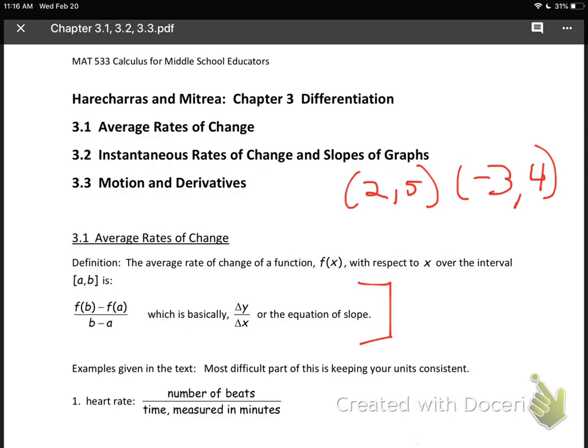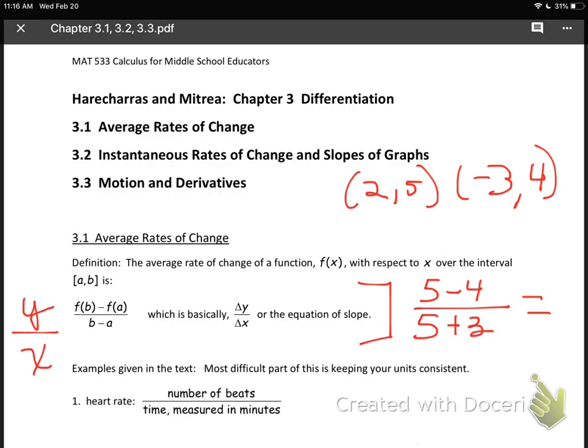Okay, so following the formula, the f's are the y values, f of b and f of a, and the b minus a are the x values. So looking at our work, I would have 5 minus 4 over 5 minus negative 3, which makes it 5 plus 3.